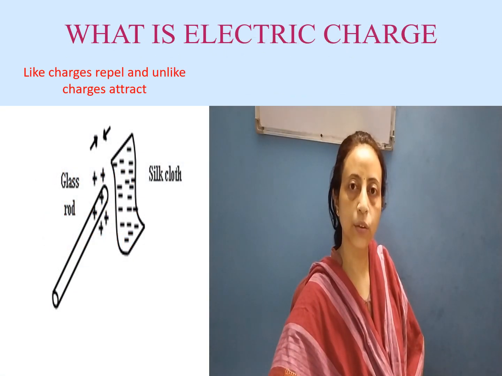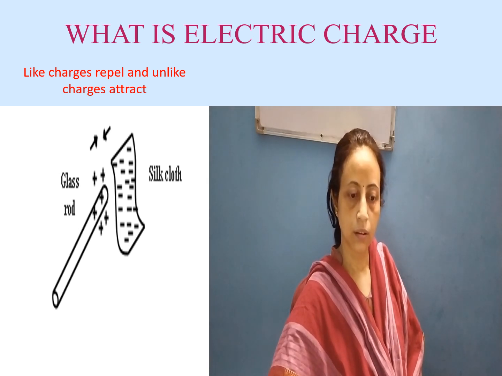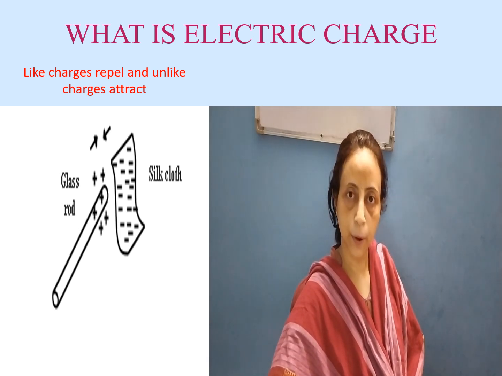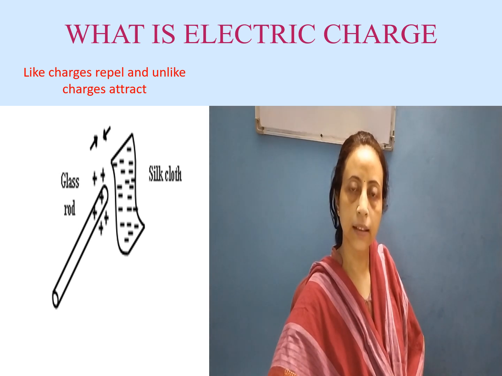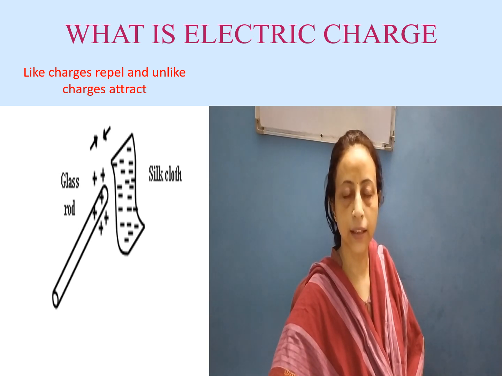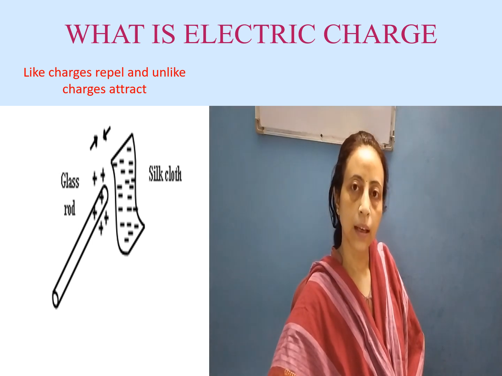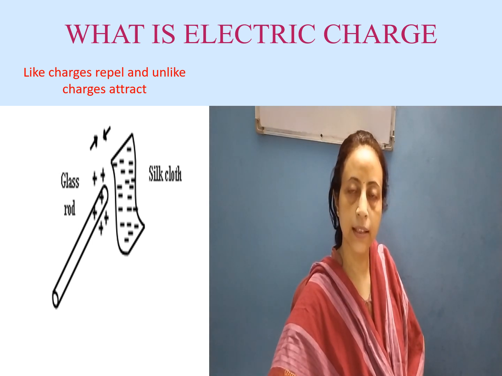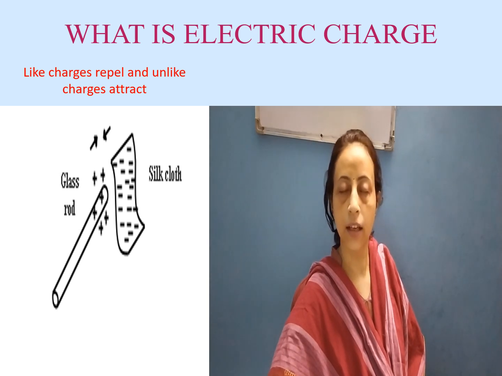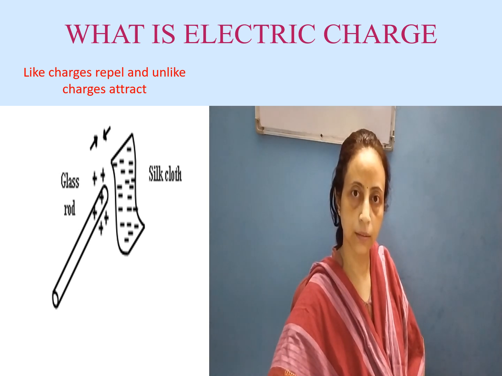To understand electrostatics, let us first know what is electric charge. It is a basic property of matter carried by some fundamental particles like electrons and protons, and by virtue of this fundamental property, one charged body can attract or repel another charged body.